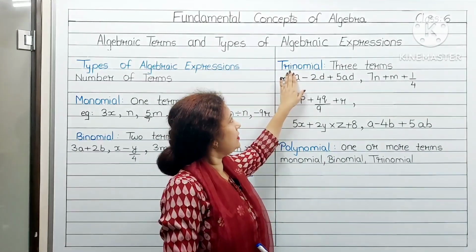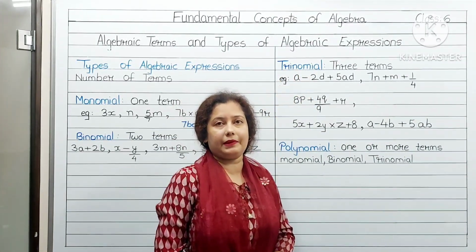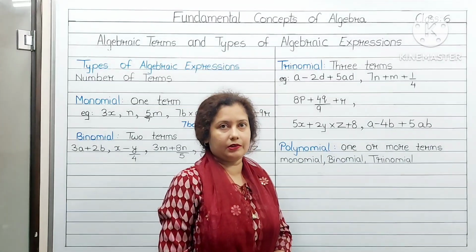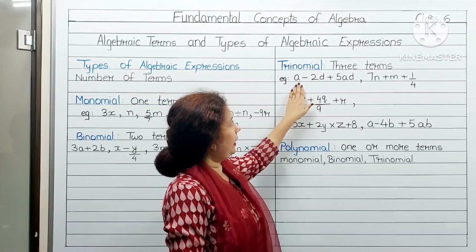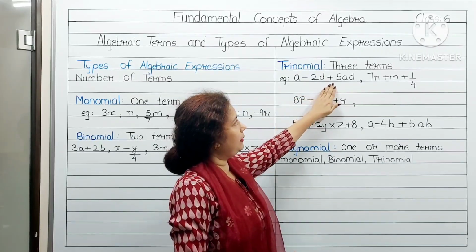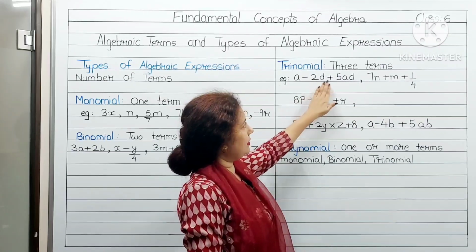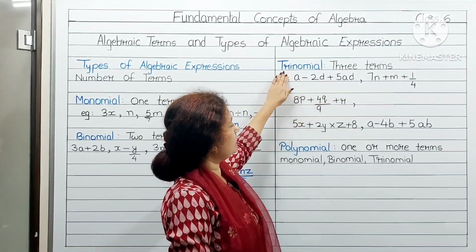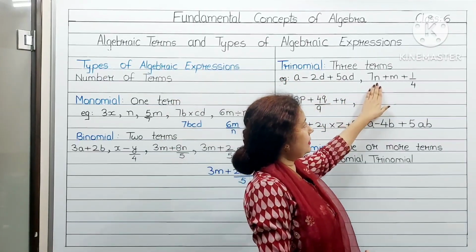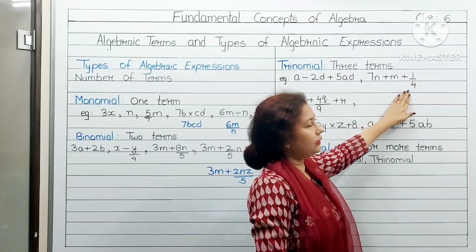Next type is trinomial. Tri means 3. When 3 terms are present in an algebraic expression, it is called a trinomial. For example, a minus 2d plus 5ad. a is the first term, 2d is the second term, 5ad is the third term. So 3 terms, so trinomial. Next example, 7m plus m plus 1 upon 4.